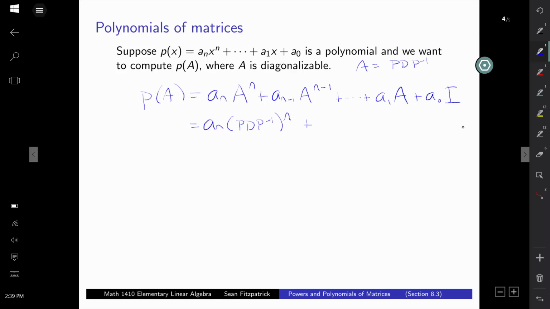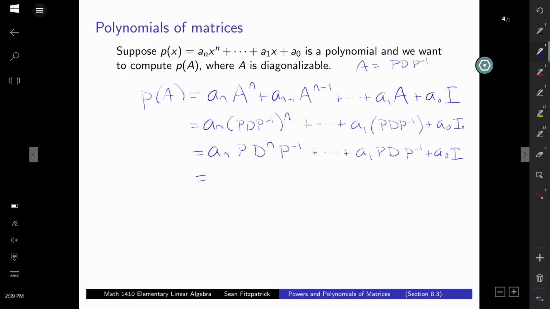Let me skip the next term just to save some space, down to a_1 P D P inverse plus a_0 times I. But I know that (P D P inverse) to the n, I can write as P, then D to the n, and then P inverse. Okay, down to a_1 P D P inverse plus a_0 times I.